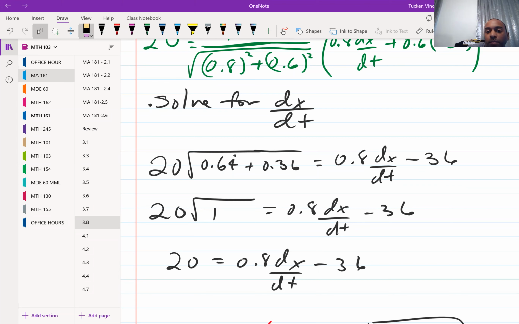All right. Any problems? Still solving. So we're adding 36 to both sides.